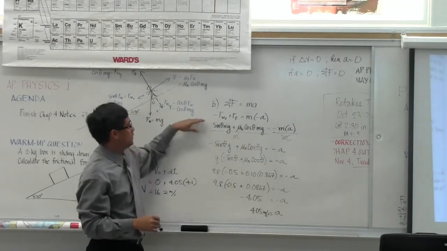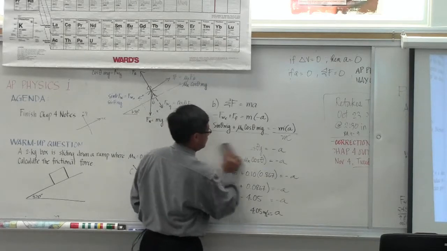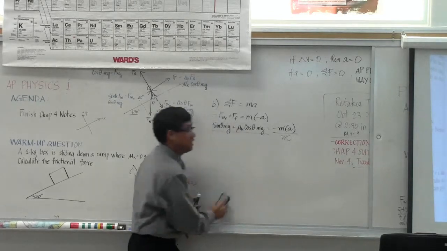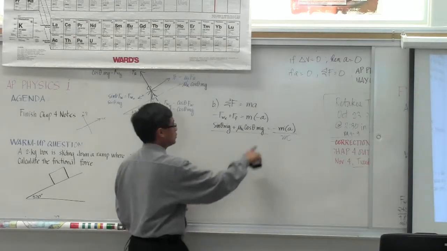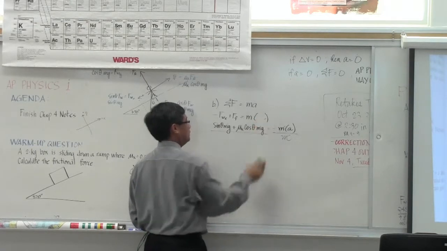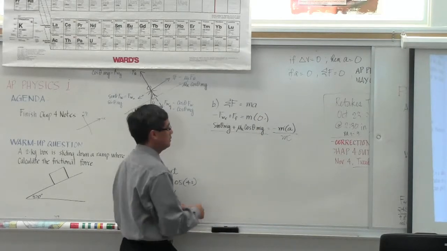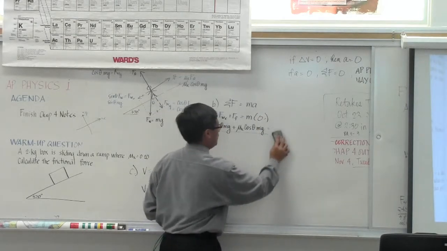What is the only difference in this formula now? Acceleration is equal to 0. So instead of a negative a, it's equal to 0. So what will happen to this one on the other side?